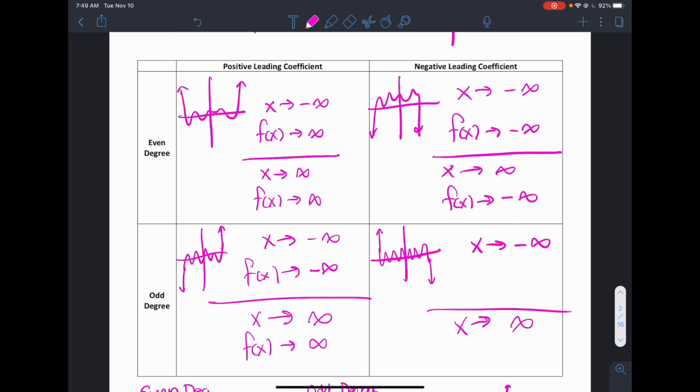On the next one, the further left I go, the graph goes up, so as x approaches negative infinity, f of x approaches positive infinity. The further right I go, the more down the graph goes, so as x approaches positive infinity, f of x approaches negative infinity. Thanks, guys. Have a great day.